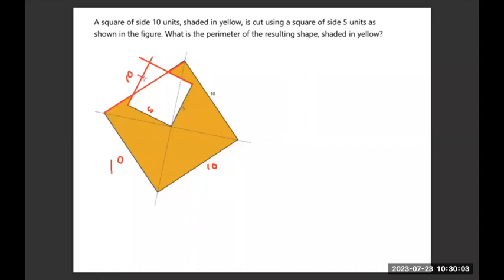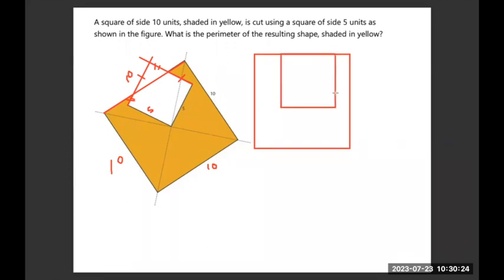This smaller part and this part are equal, and this part and this part are equal. They're always placed in that manner. So when I rotate this, let me draw that. What I get is a 10 by 10 square like this and a 5 by 5 square inside like this.